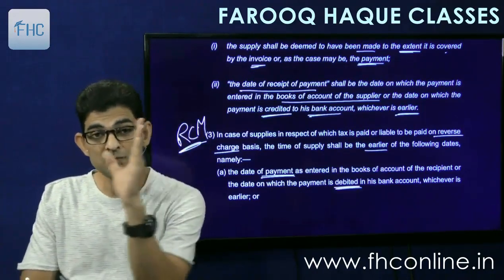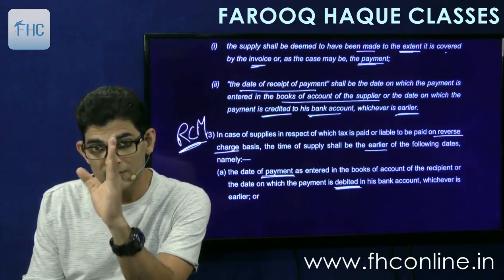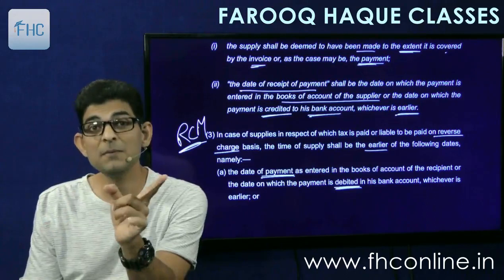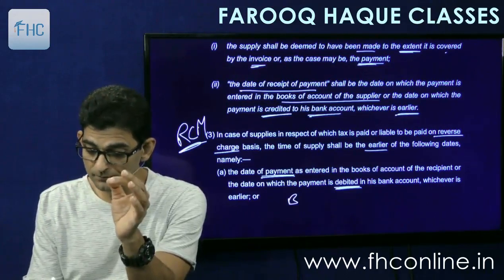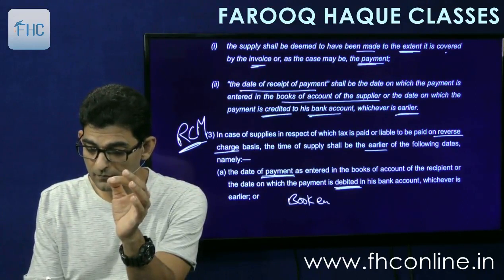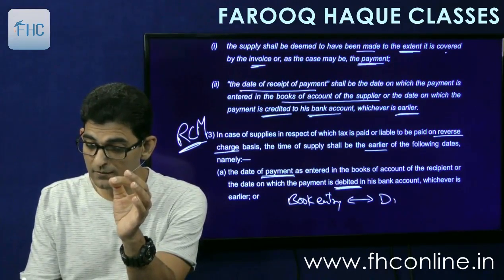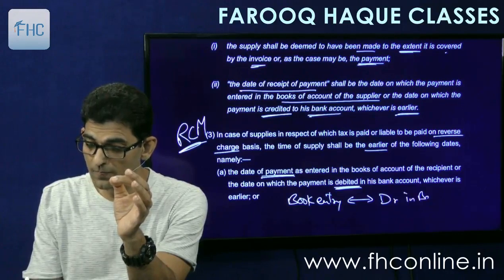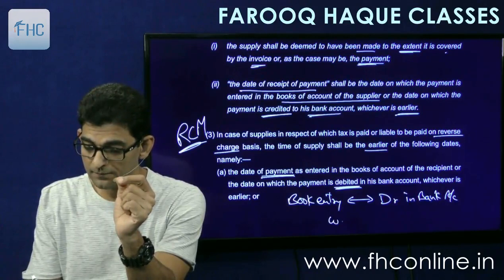Again, in reverse charge we sit at the recipient's place, right? So we are sitting at his place and seeing when he is making payment. For him the date of payment will be the book entry vis-a-vis the debit in the bank account, whichever is earlier.